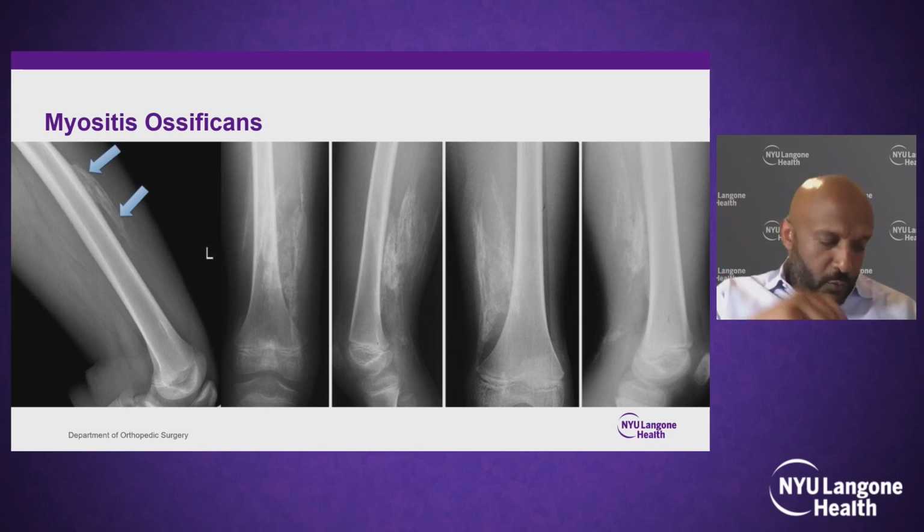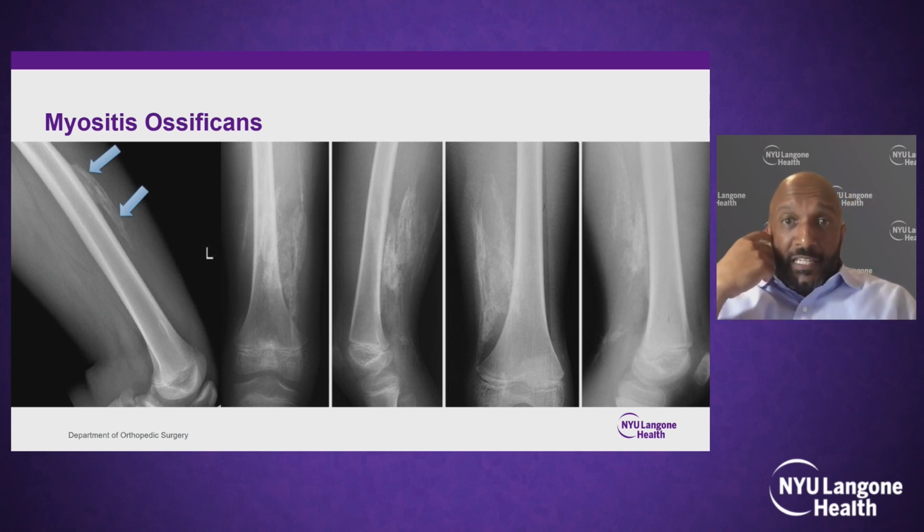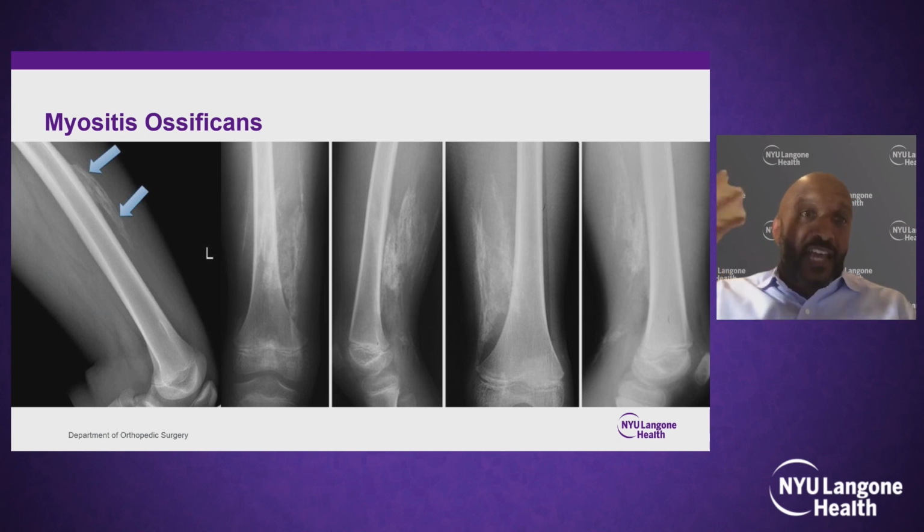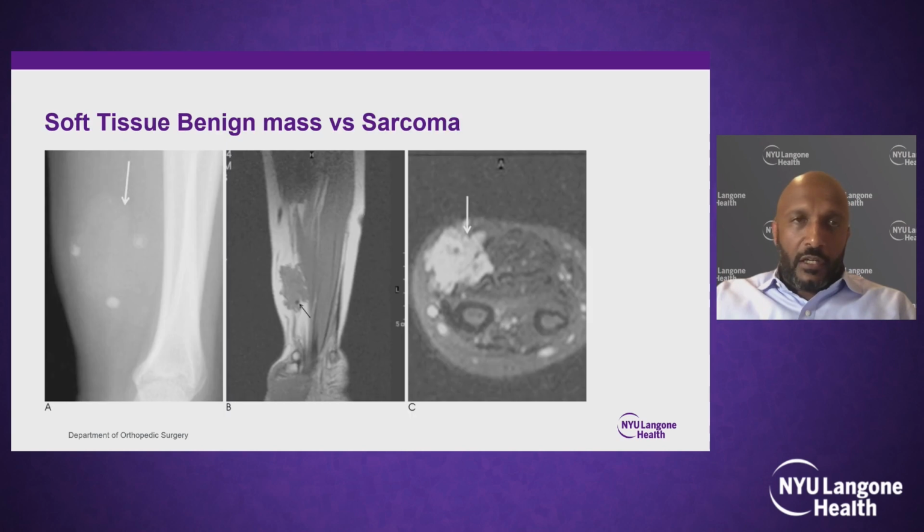And being familiar with the ways that myositis ossificans presents can get you out of a lot of concern and anxiety, and stop you from alarming everybody without proper due. So this is how myositis ossificans can present, and maybe one of the differentials in the presentation.